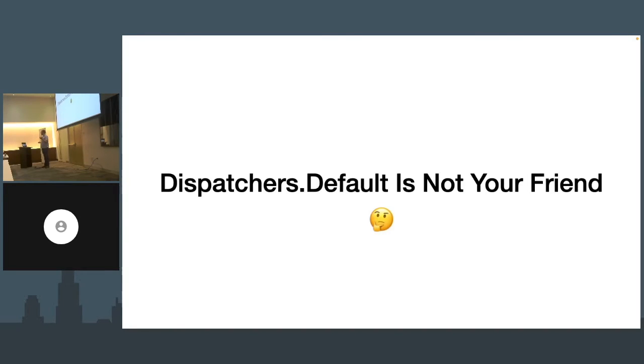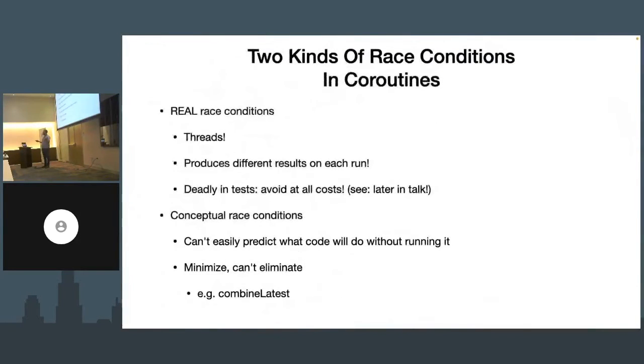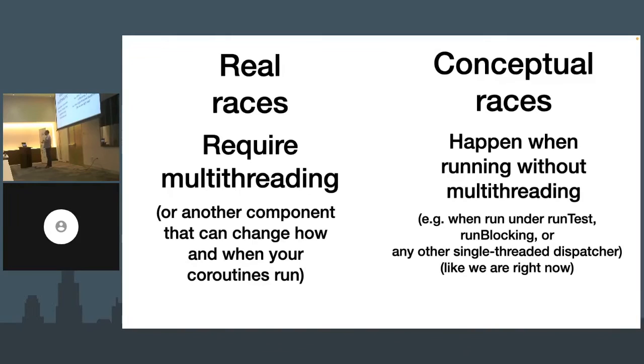Why is that? Well, let's go back in the presentation. Remember when we talked about there being two kinds of race conditions in coroutines, that some of them are real race conditions, some of them are conceptual race conditions, and how much worse the real race conditions were than our conceptual race conditions. Well, we've got runTest.